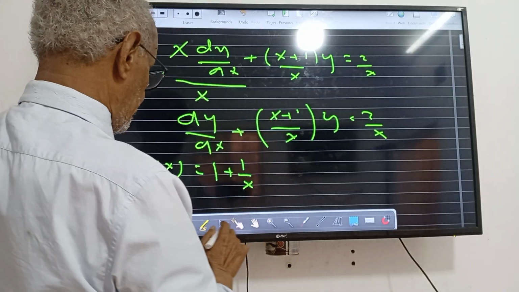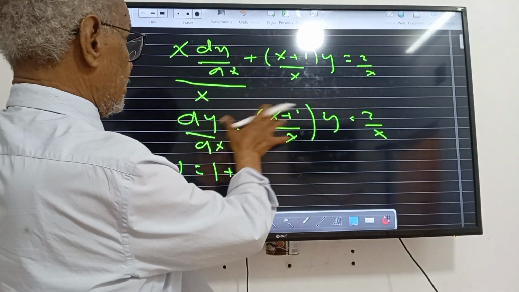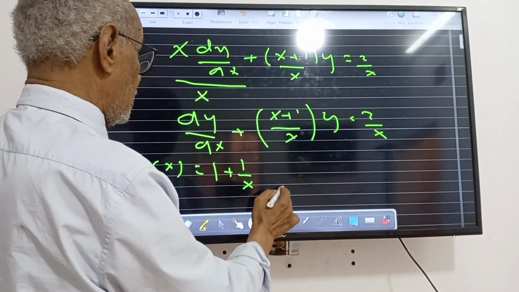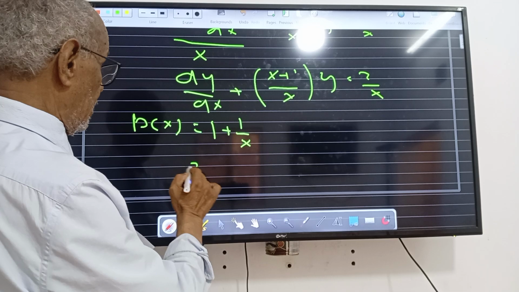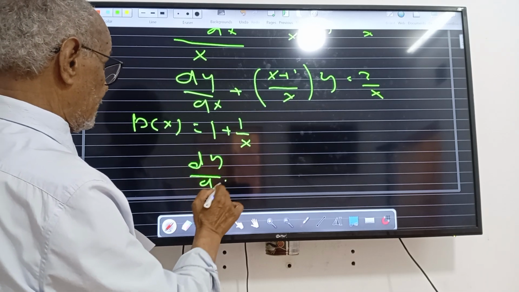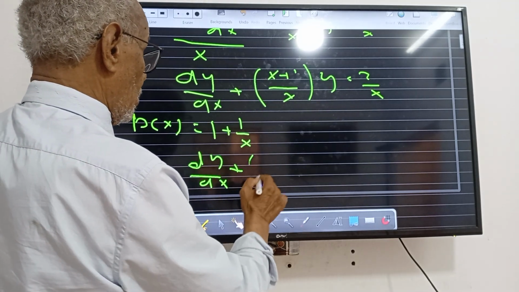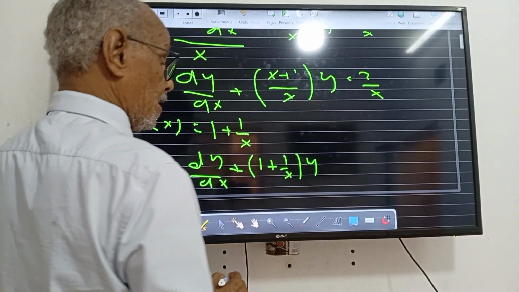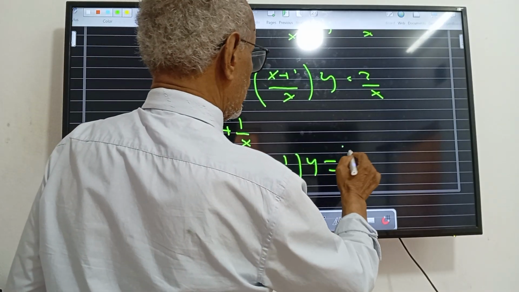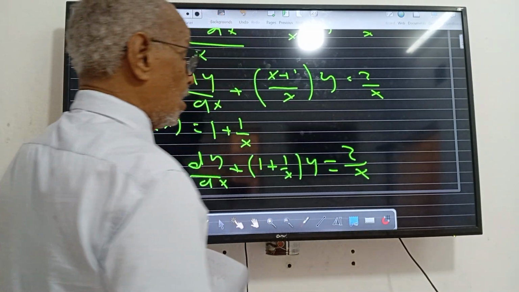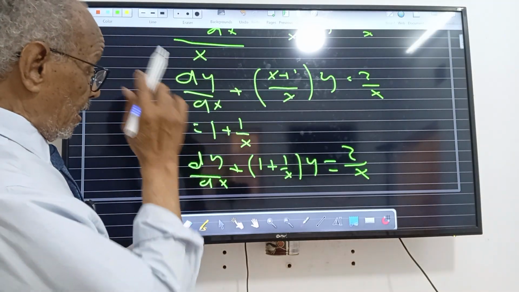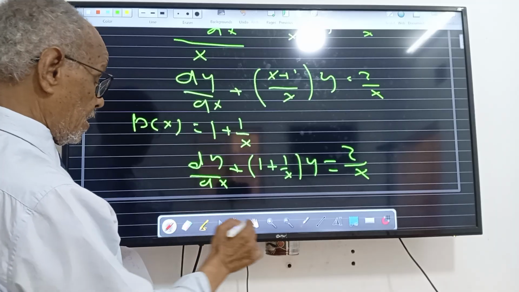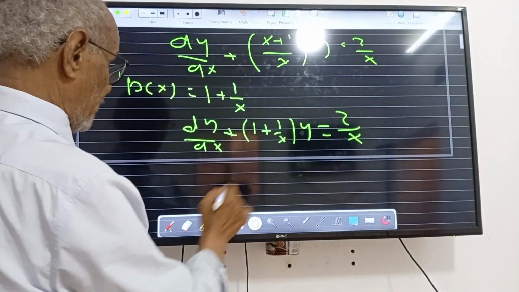So the differential equation can be written as follows: dy over dx plus 1 plus 1 over x y equals 2 over x.